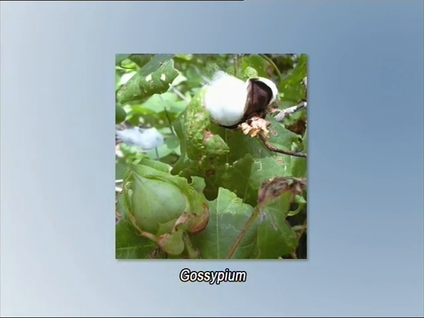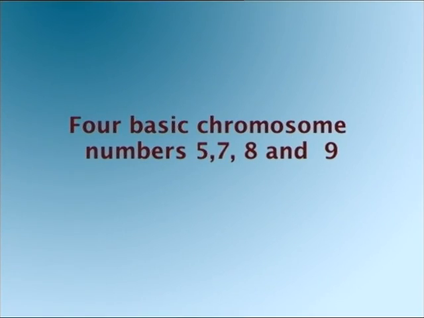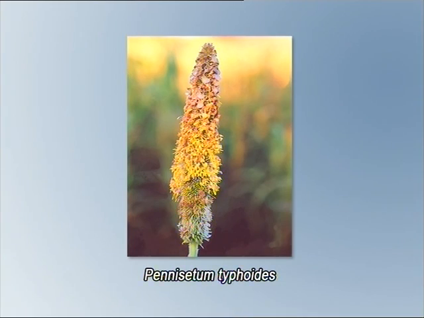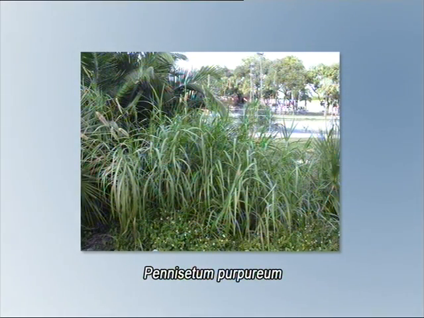The cytology of 13 taxa and 2 hybrids in the genus Pennisetum indicated the distribution of the taxa among the 4 basic chromosome numbers 5, 7, 8 and 9. The diploid nature of Pennisetum ramosum and Pennisetum typhoides and the genomic allotetraploid status of Pennisetum purpureum was further confirmed.